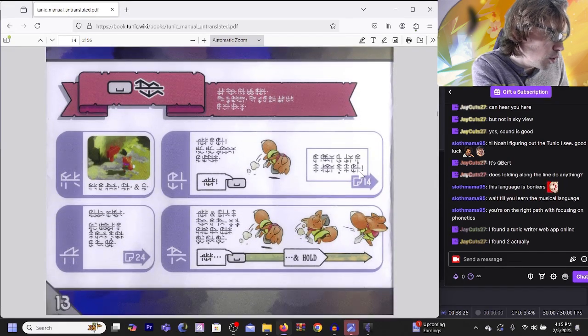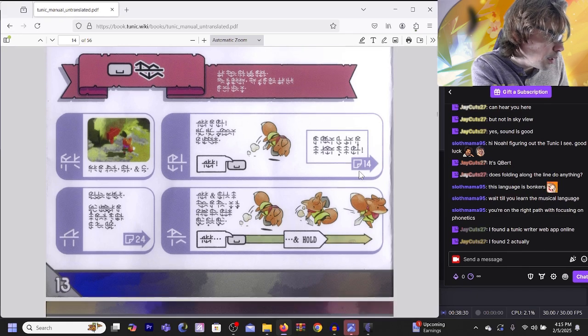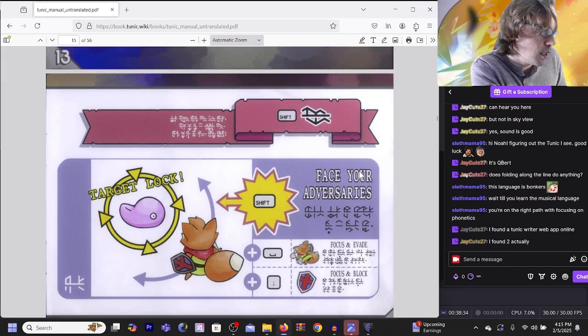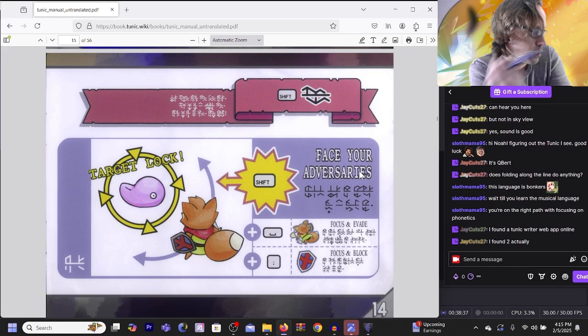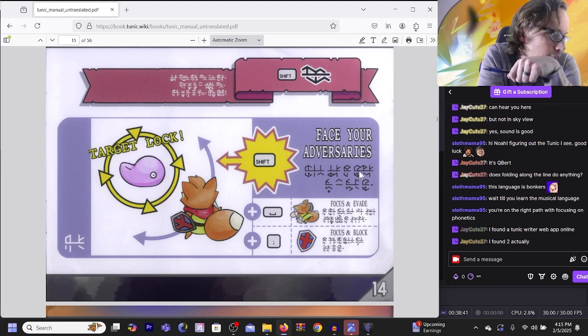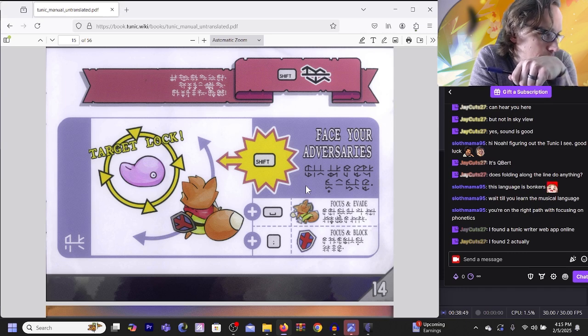All right, so we want something that's more like, let's take this facial average. This is clearly target lock. This is the lock-on system, right?